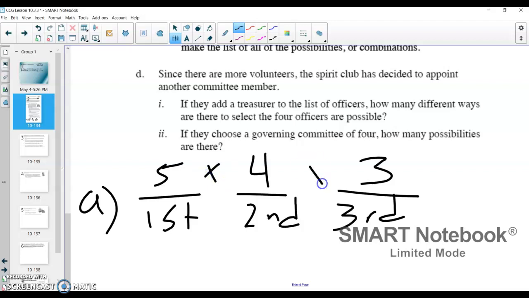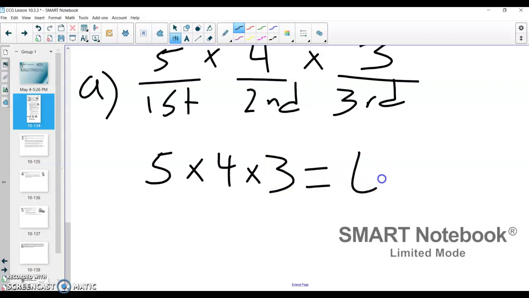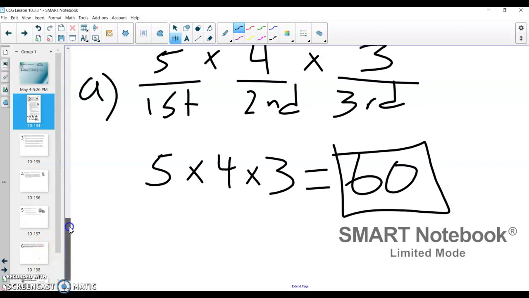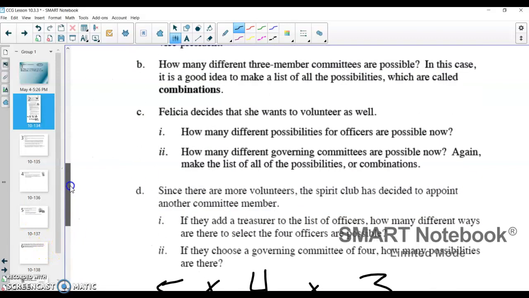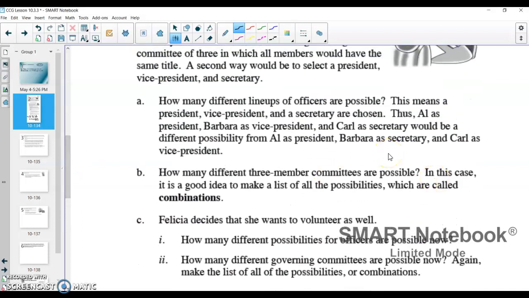We'll multiply down our decision chart. You have 5 times 4, which is 20. 5 times 4 times 3. So 5 times 4 is 20. 20 times 3 would give me 60. So there's 60 different ways you could arrange a president, a vice president, and a secretary given these 5 candidates.